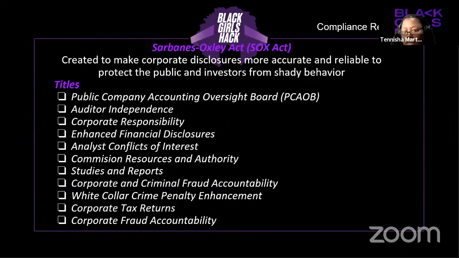So Sarbanes-Oxley. This is a big deal if you're in the public sector and you're dealing with things that are financial. It was created to make corporate disclosures more accurate and reliable. Some organizations that are larger may decide that, hey, we don't want to tell anybody that we've had a breach. We don't want to tell anyone that something happened. So Sarbanes-Oxley kind of prevents that from happening.